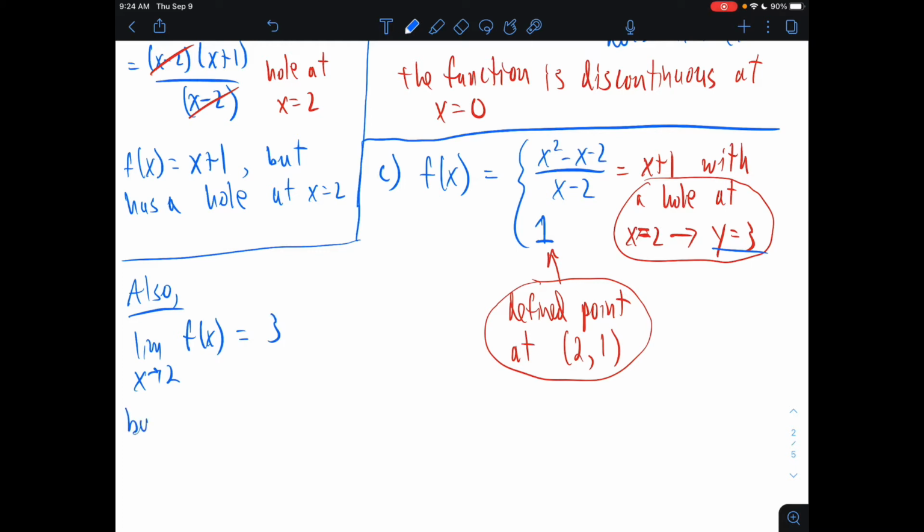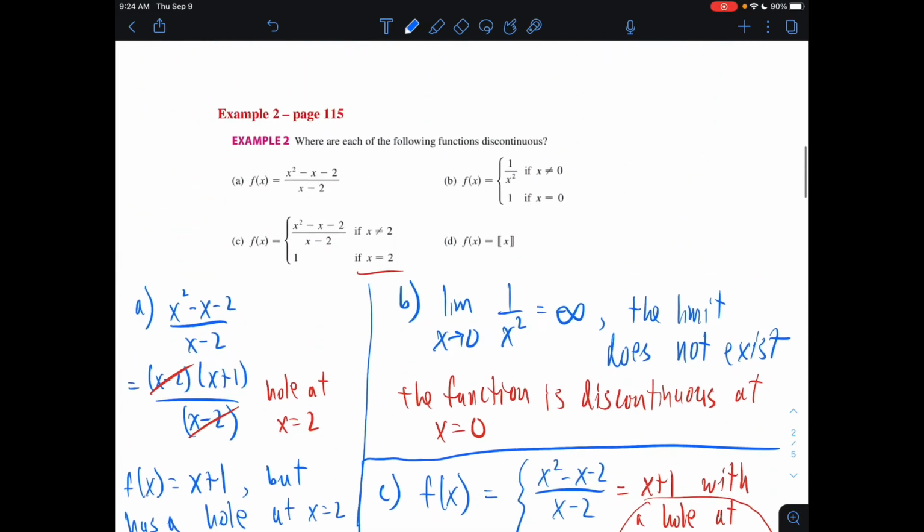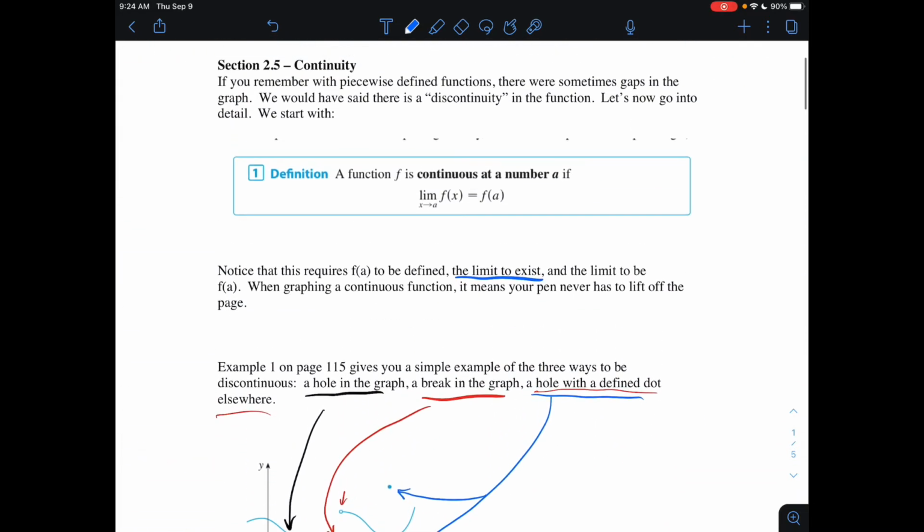But f of 2 is equal to 1. So here we have that the limit exists, but the limit is not equal to the value of the function at that particular number. So we would say the limit as x approaches 2 of f of x is not equal to f of 2. That's going again back to the definition of continuity.